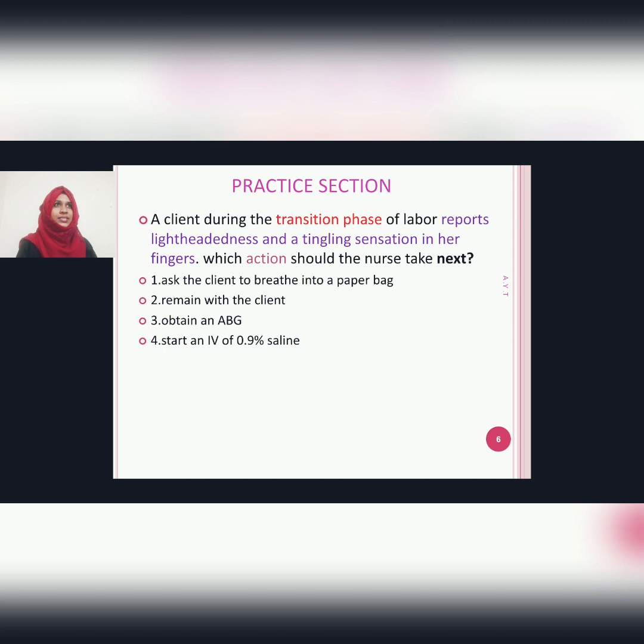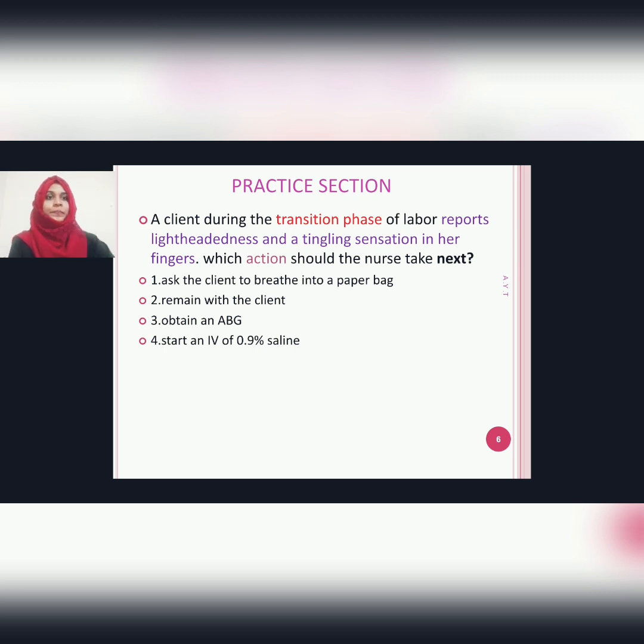Imagine in the transition phase, the lady will have too much exhaustion. What happens? The lady will be blowing out too much carbon dioxide. That means the topic is something related to ventilation. And what type of ventilation? Hypo or hyper? Hyperventilation. So we will assume the topic is something like hyperventilation.